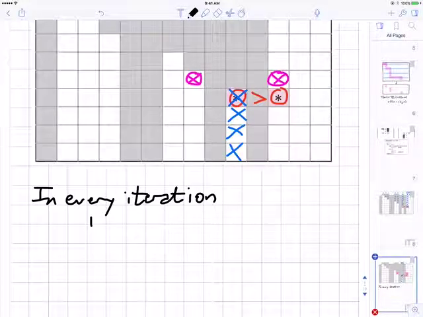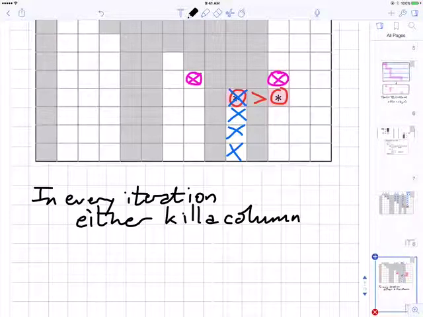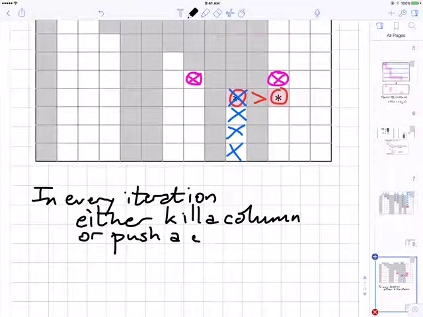So you either kill a column. And that can only happen a number of times equal to the number of columns. So this can only happen n times. Or I push a column onto the stack.